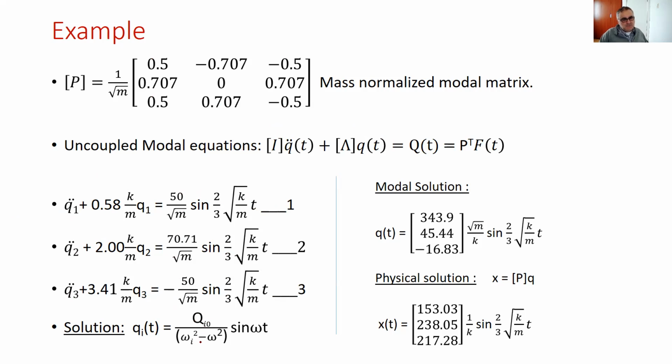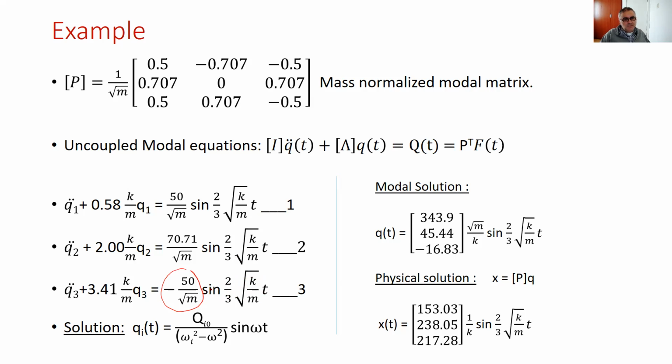The solution is obtained from omega i squared minus omega squared, qi0, etc. These are the qi0 terms, and omega is 2/3 root k over m here.